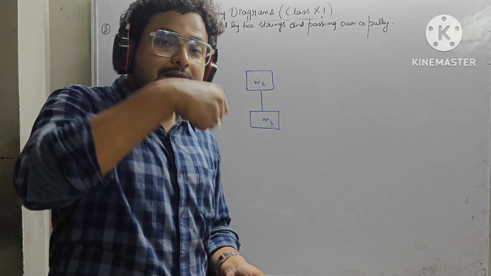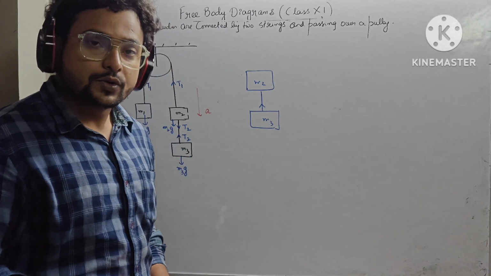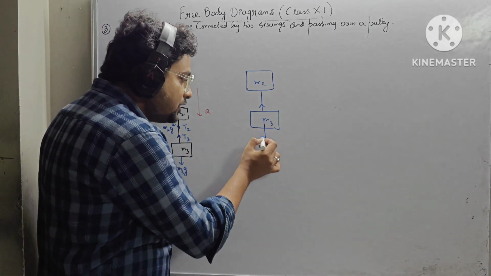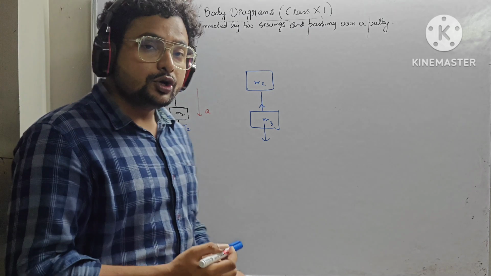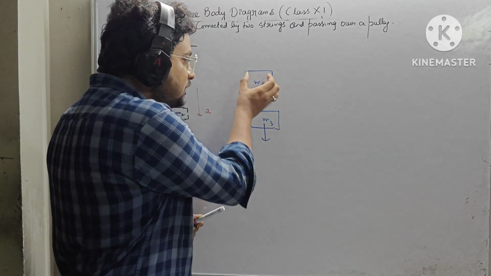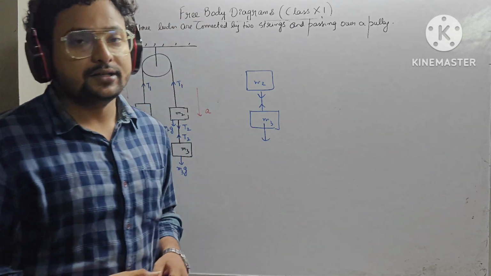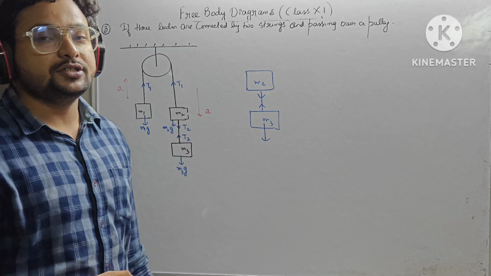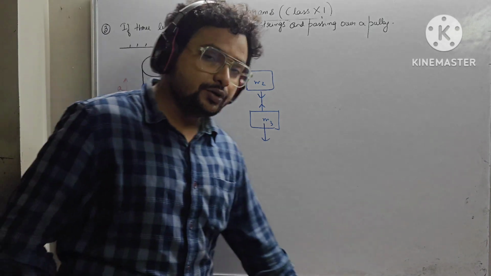So one tension will be acting in this direction. Also, since the weight of M3 is acting in the downward direction, M3 is also pulling M2 in the downward direction. So one force will be acting in this direction. So these are the two tensions which are acting on the string, T2 and T2. Okay.